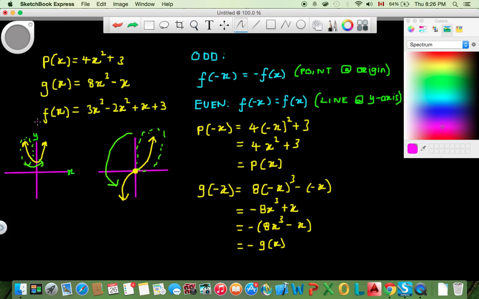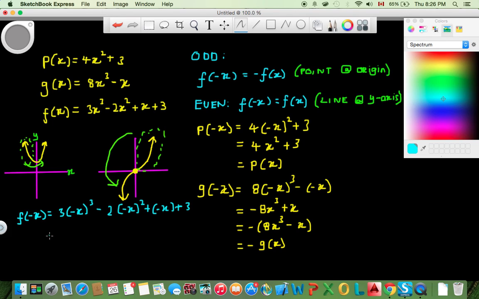Now we want to determine if f of x is odd or even. So let's use our tools here. Let's sub in a negative x. So f of negative x is equal to 3 times negative x cubed minus 2 times negative x squared plus negative x plus 3.